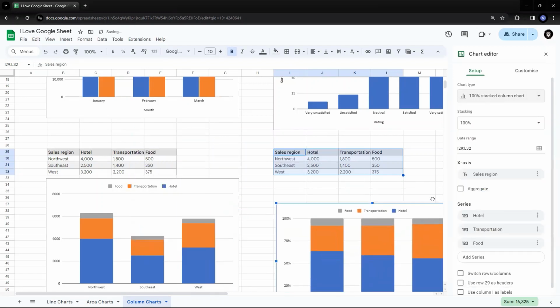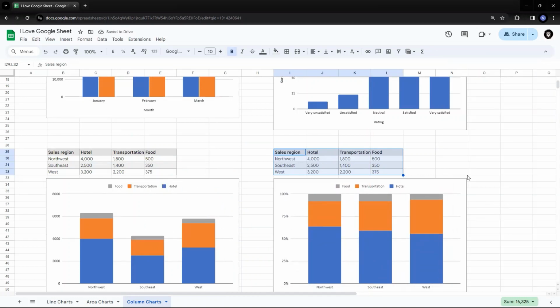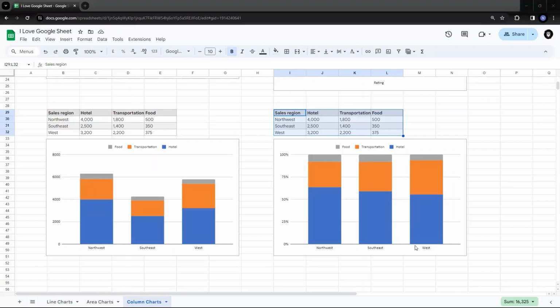Now you'll understand from both the charts side by side, you're not able to understand whether your cost has increased or decreased comparatively to the whole. So if I have 100% of this cost, I would see the percentage of cost from hotel is much lesser compared to Northwest if I compare it with West.